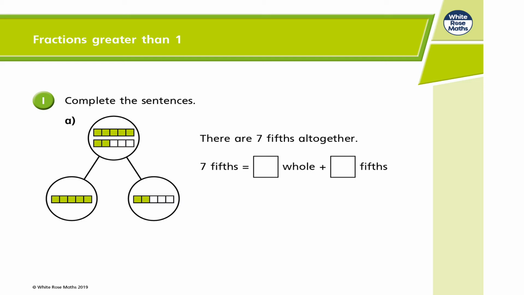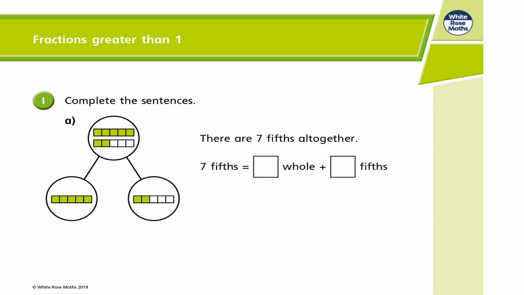So 7 fifths is equal to 5/5 and then 2/5. So then I would say 7/5 equals, and what do you notice about 5/5? It's one whole one. So it's one whole and how many fifths? 2. Let's go through that together.